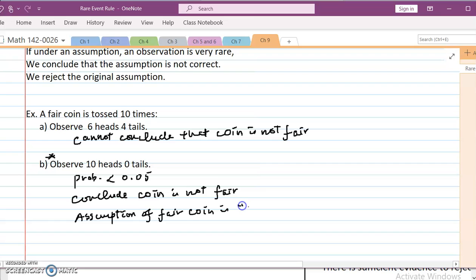You see how we always use this wording to reject. We never say we conclude that we support that it is a fair coin. We can never say that it's a fair coin by one sample, but we can say that I'm not rejecting, not reject. Okay. So there are two conclusions from the rare event rule: you are either rejecting your assumption or not rejecting your assumption.